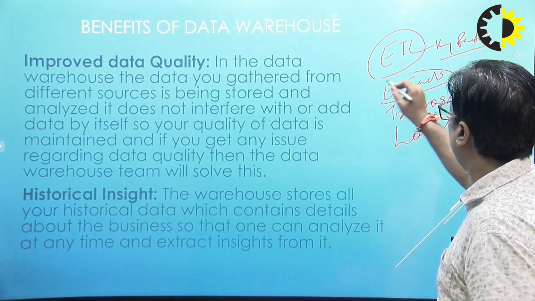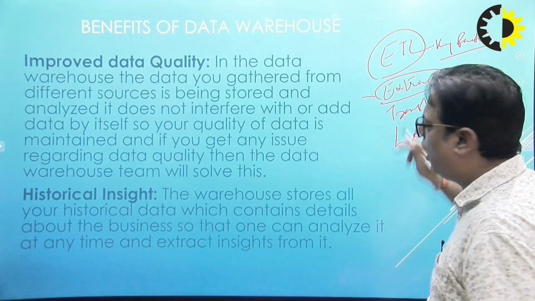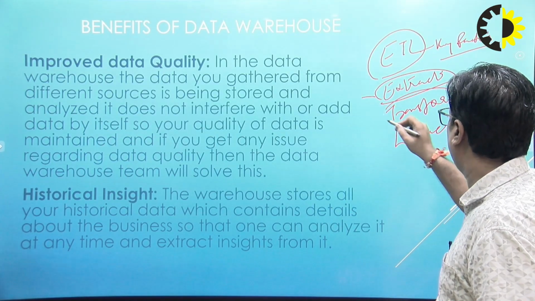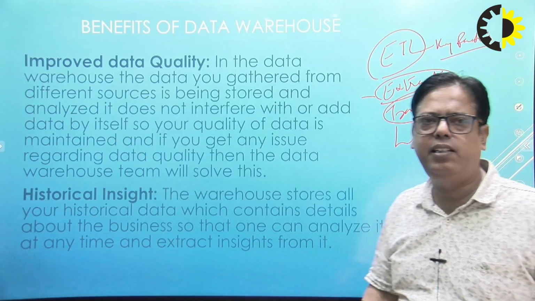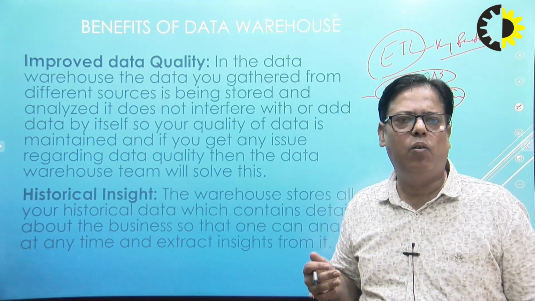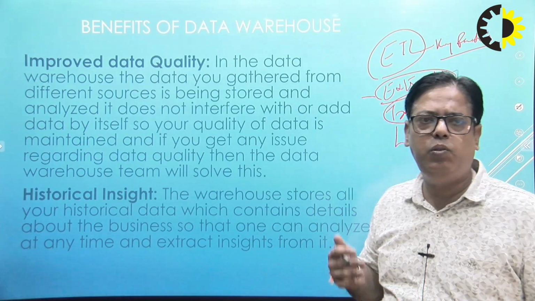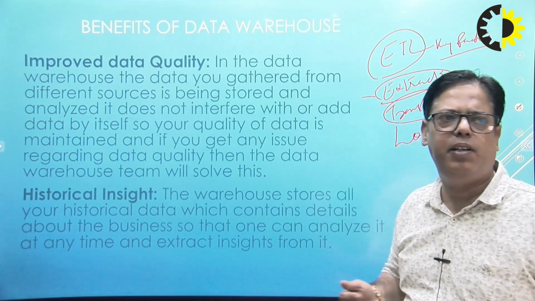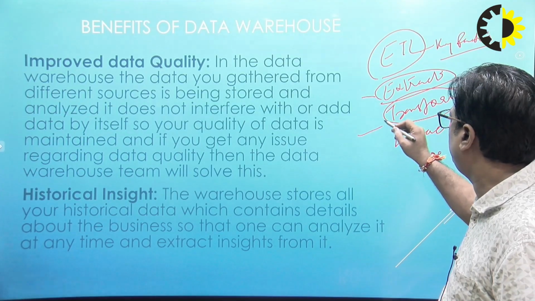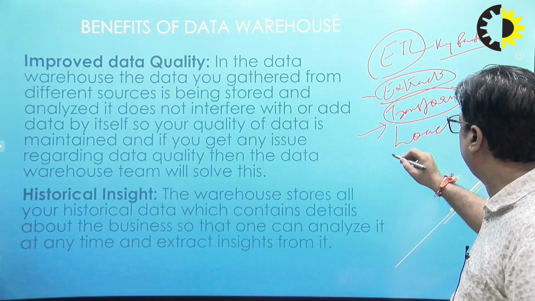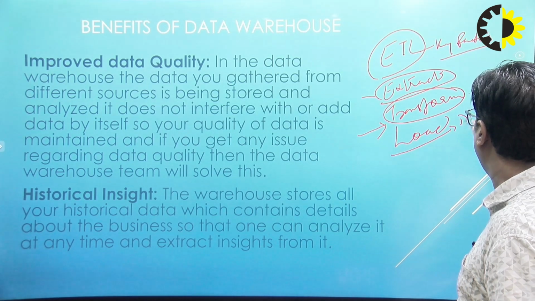Extract the data from different sources. After extracting the data, we apply the transformation. Transformation means we organize the data. We clean the data, organize the data, manage the data, and reduce the redundancy of data. So we improve the data quality in the data warehouse using different transformation tools. Then after the transformation process, we load the data in the data warehouse.